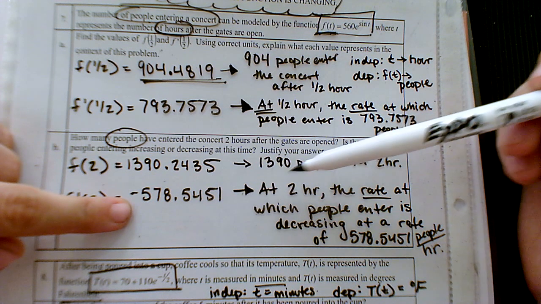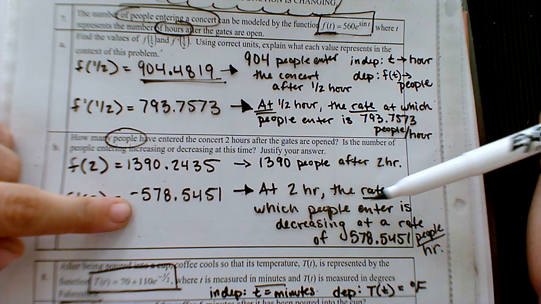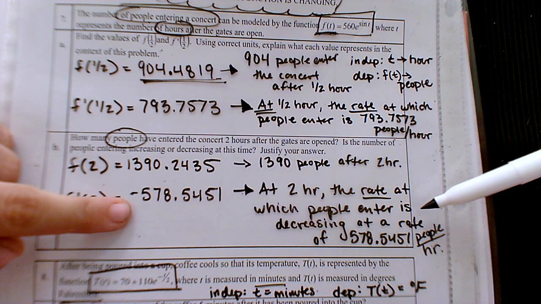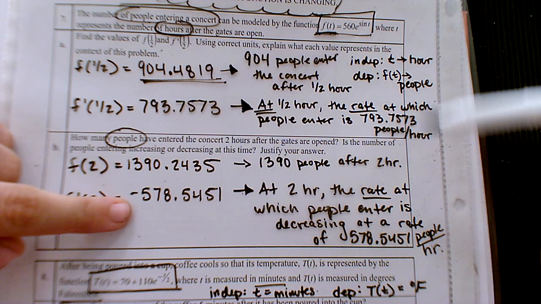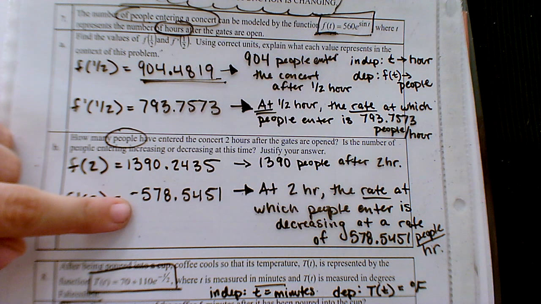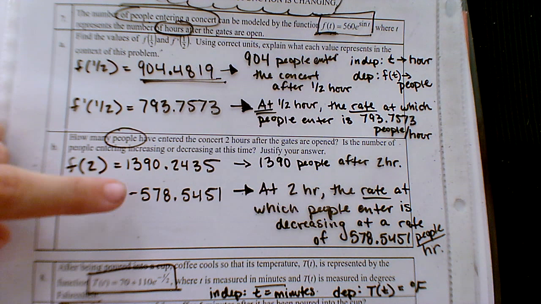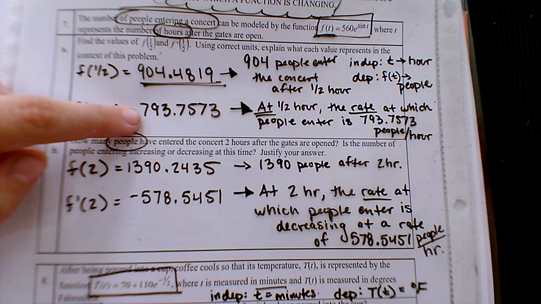So at 2 hours, the rate at which people enter is decreasing. I think this means people are still entering, they're just not coming in as quickly as they were previously.